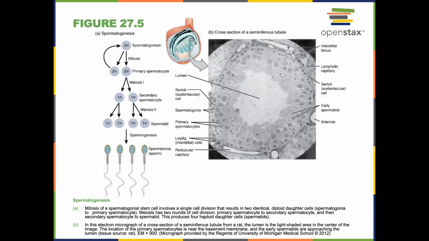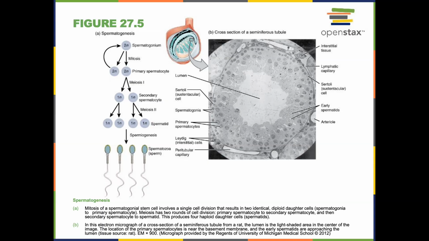The spermatogonia are found in the most superficial layer of each seminiferous tubule, and as they divide, producing primary spermatocytes, the primary spermatocytes are pushed deeper towards the lumen and enter meiosis. Each primary spermatocyte will produce 4 spermatids in 2 rounds of meiotic cell division.